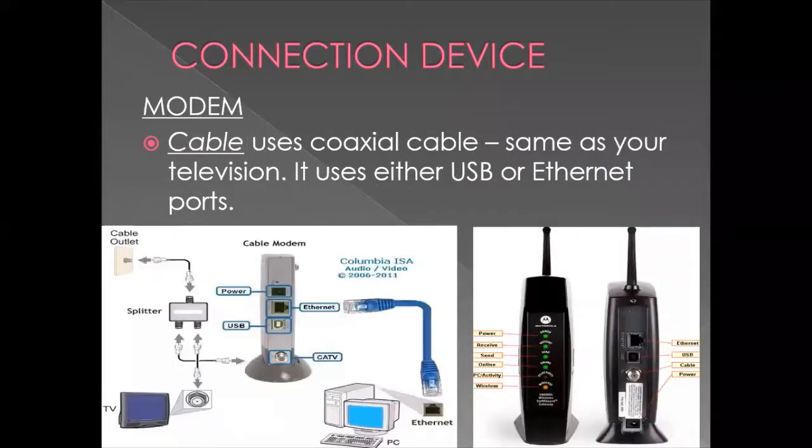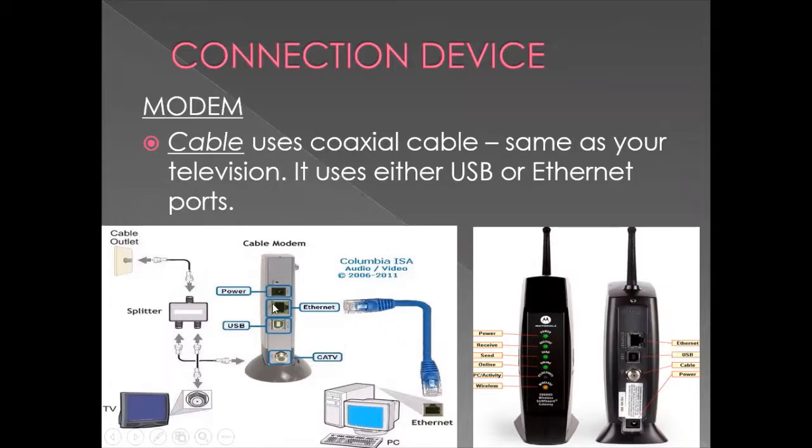Next one, cable. Cable uses coaxial cable, same as your television. You must have seen at the back of your TV, if you take out the antenna wire, you'll see it's a coaxial cable. It uses either USB or Ethernet ports. So this cable, the blue one, you must have seen in the school. This is the Ethernet cable.